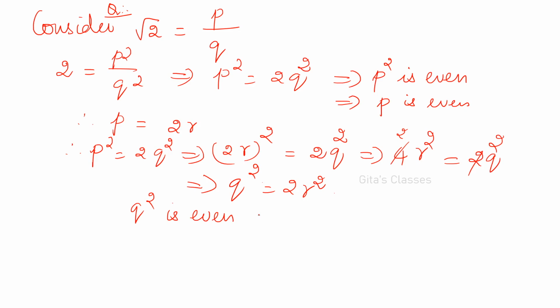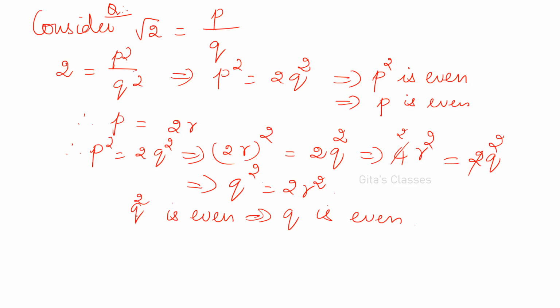If it can be written as 2 into some number, it is called even. So q squared is even implies q is also even.